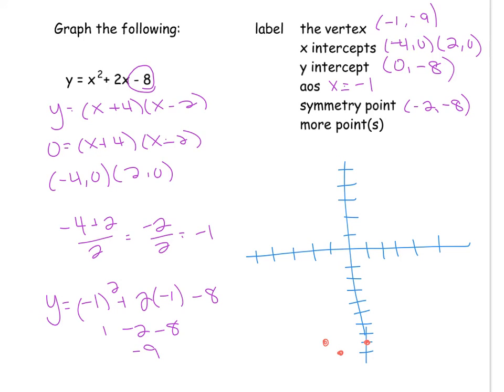And then for my x-intercepts, I'm at 2 and I'm at -4. And this is my sketch. Obviously, if I am using graph paper, I'm going to have a much nicer sketch than this, but not bad for a quick hand-drawn sketch.